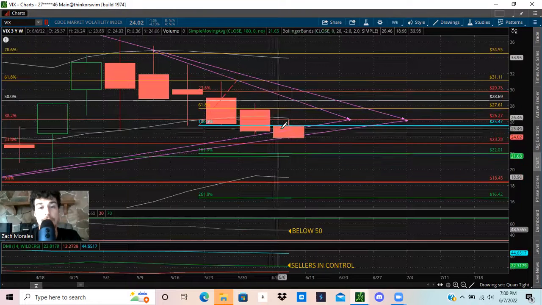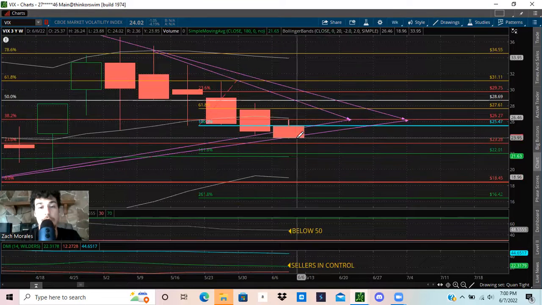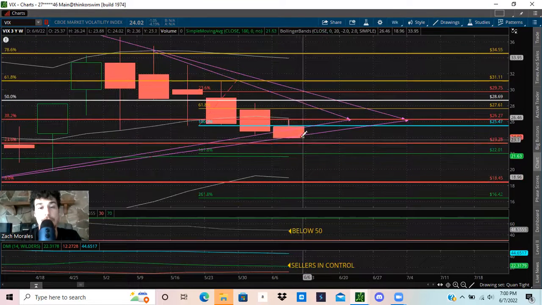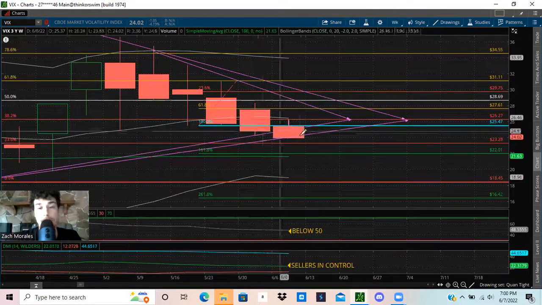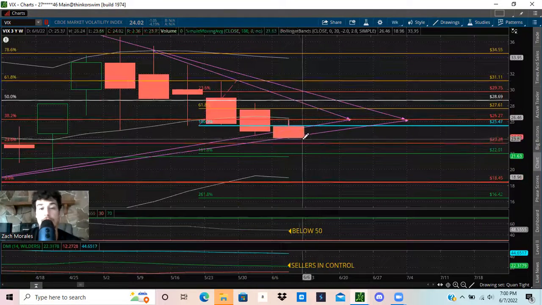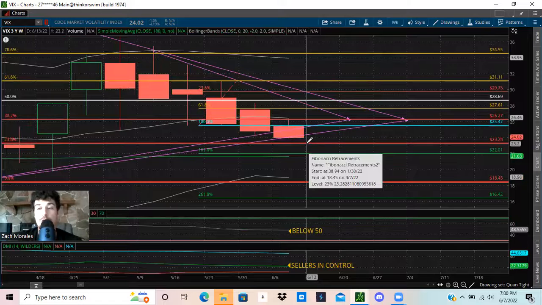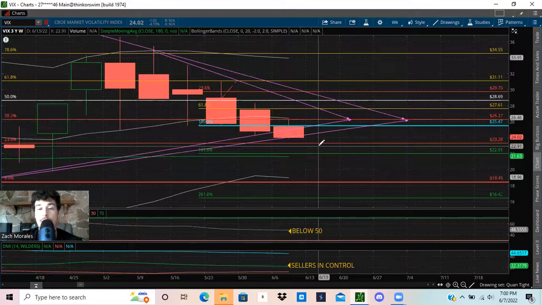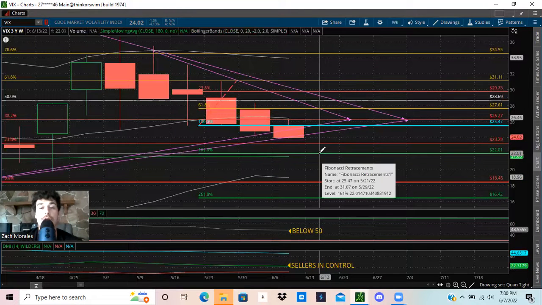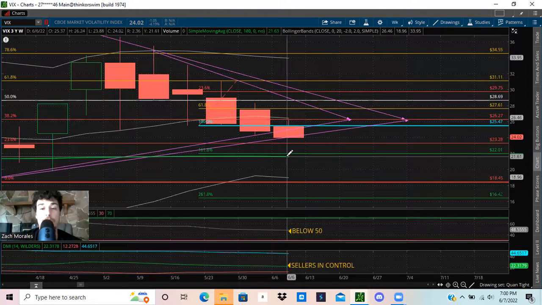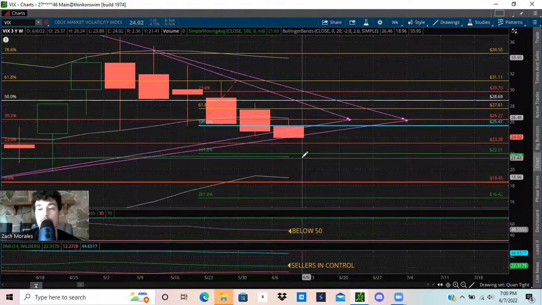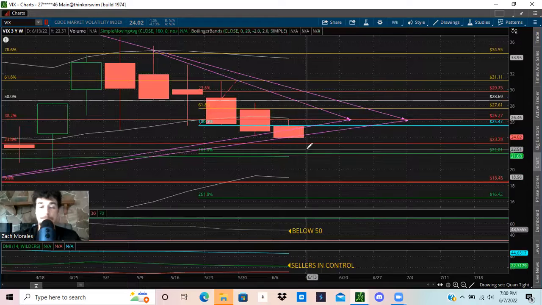And right now we're currently trying to form this bearish candlestick pattern known as three black crows. That would be really interesting. And if we do, it'll take us down to this 23.28 level, and below there we could see VIX hit 22, and below there we do have a little bit of support right around 21.50 to 22.